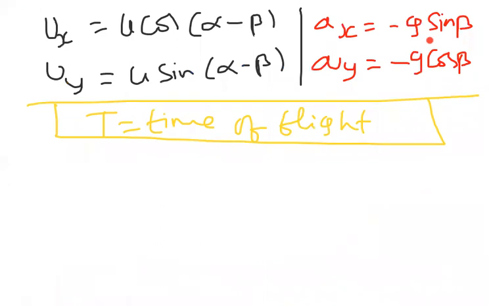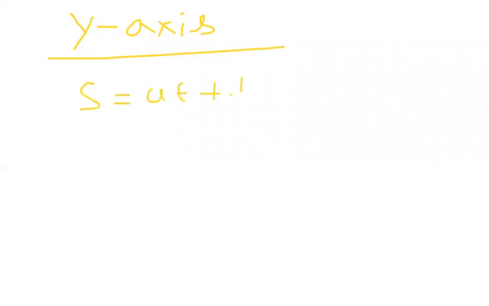Let me take one first page here. Now I am discussing with respect to the y-axis. So s is equal to ut plus half at square, with respect to the y-axis. What is the y term? s is 0.